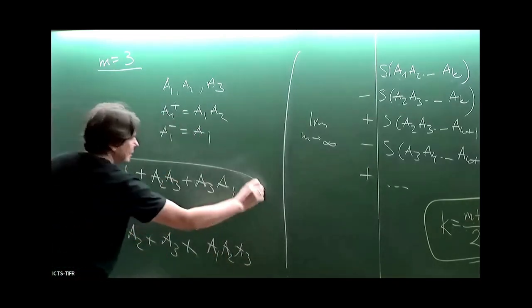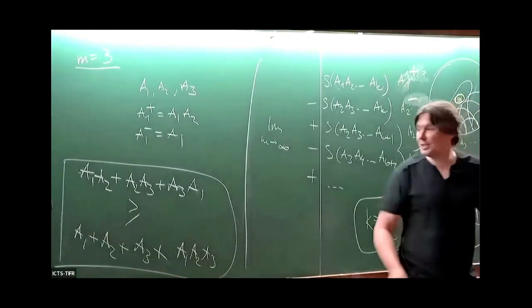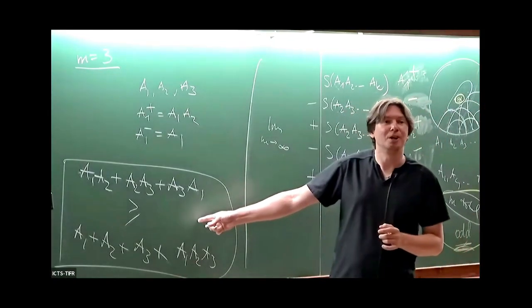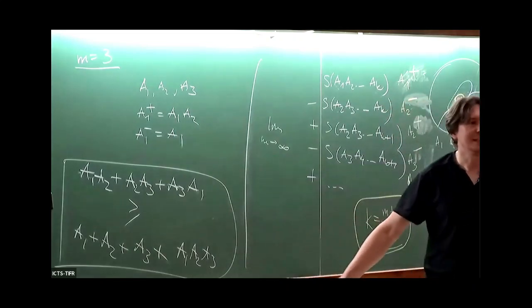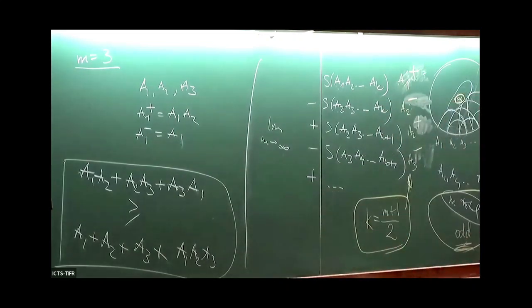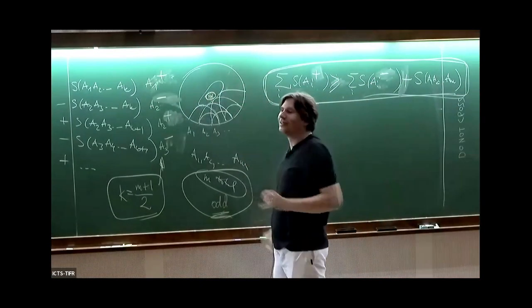Does everyone agree that this is a special case of this inequality when M equals 3? Have we seen this before? This is the monogamy of mutual information, yes? And so the monogamy of mutual information is the first step in a discretization process that ends with the actual curve over there.